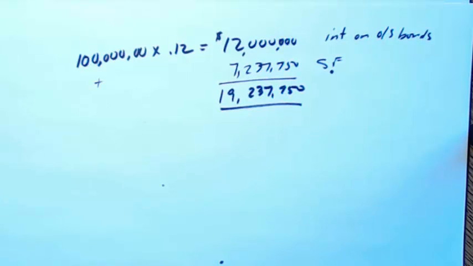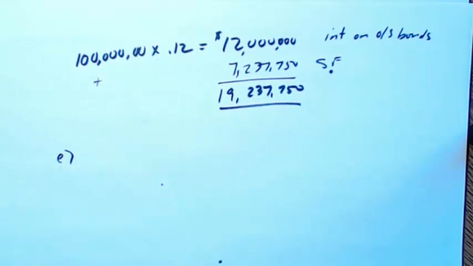Now, Part D, or no, excuse me, Part E says, what would happen to interest rates to cause the company to buy bonds on the open market rather than call them under the plan where some bonds are retired each year? Okay, well, it's asking, which method do you use under the least cost method?